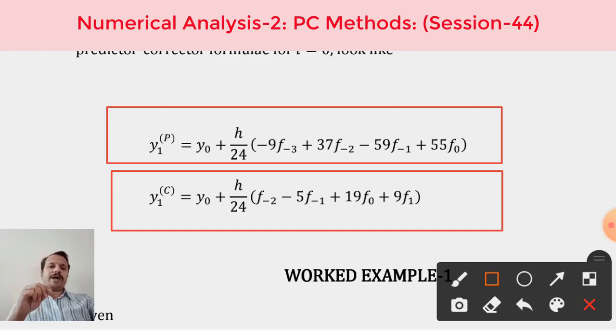So in the Adams-Bashforth method, as I have told you, the first formula is known as the predictor formula. It gives us the initial approximation for the desired value of y at the point x1.